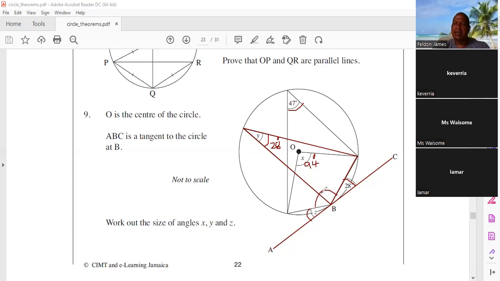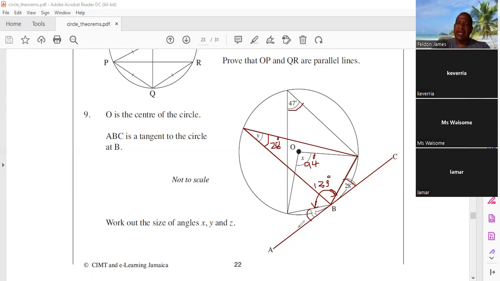So this angle would be what? From here to here. What would that angle be? Subtract 47 from 180. 133, sir. 133. Now, this is 133.